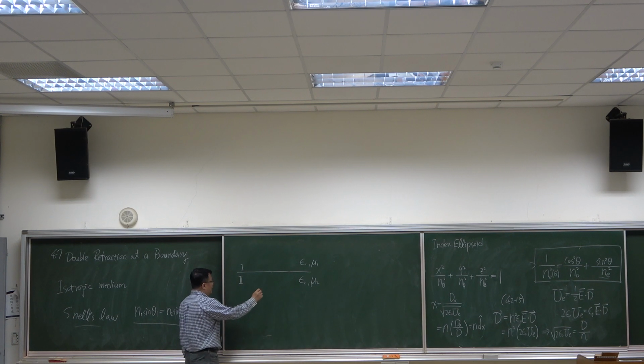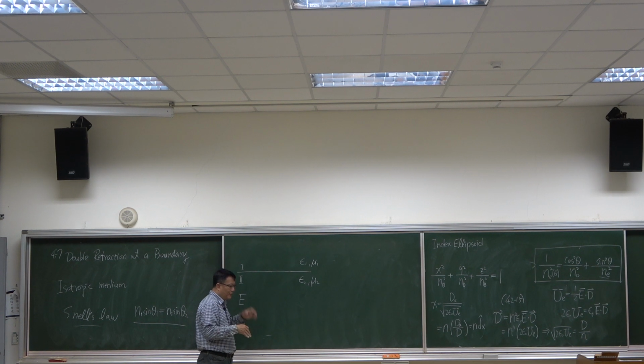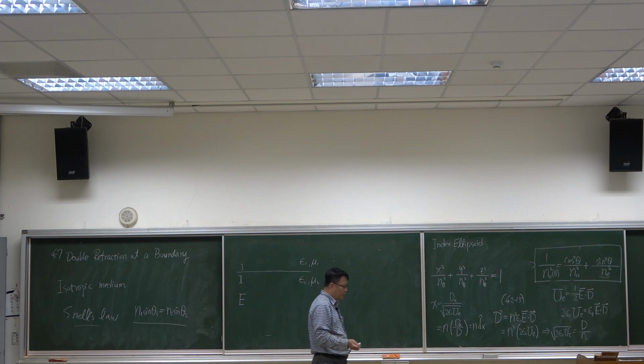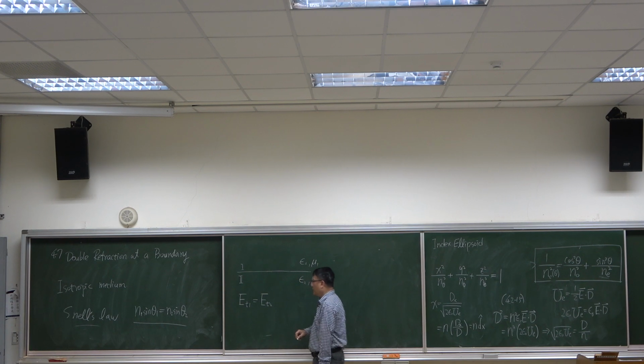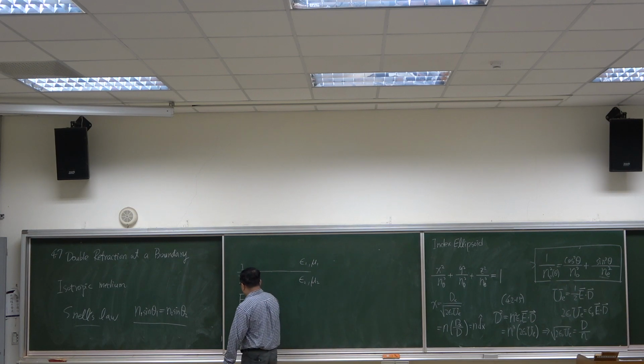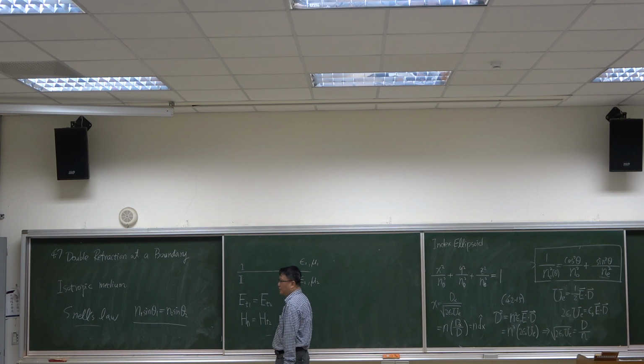Then the boundary condition tells us that if there is no surface charge or surface current, then the tangential component of the E field must be continuous. The tangential component of the H field is also continuous.